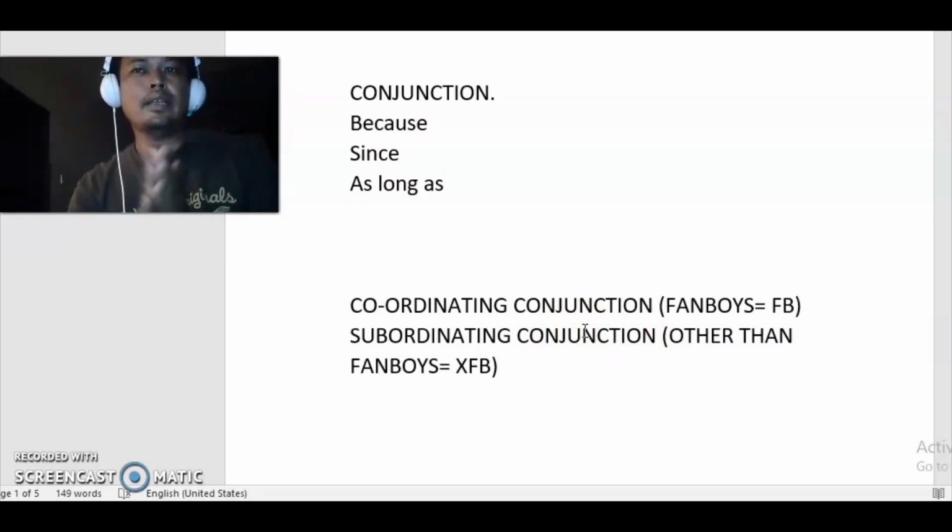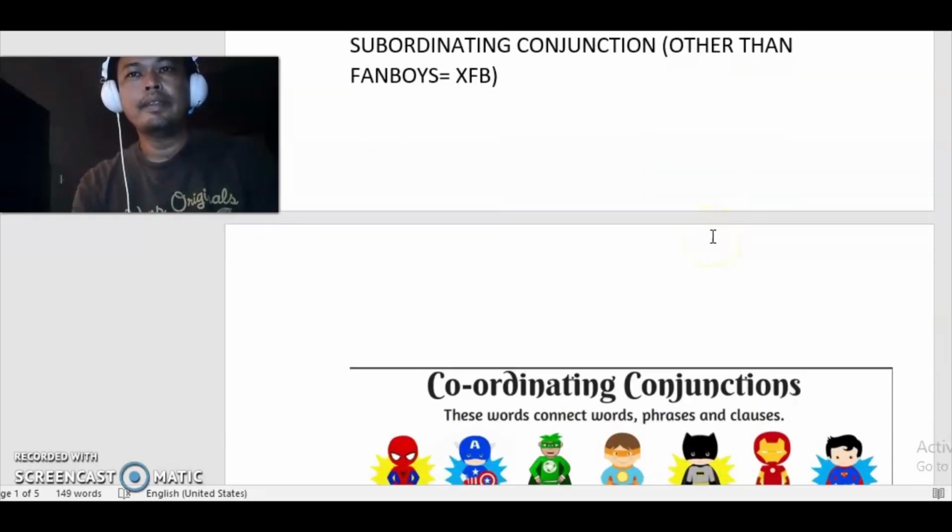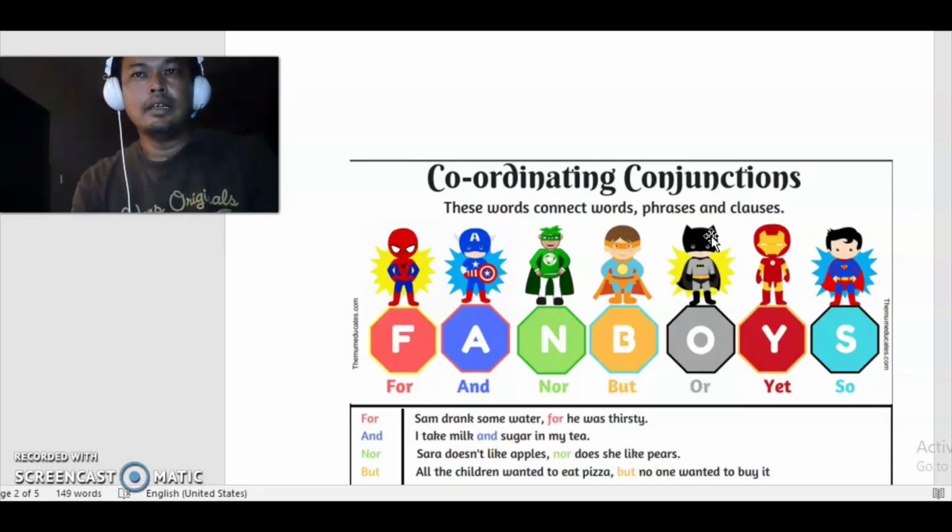Now, coordinating conjunction only consists of what we call FANBOYS. What is FANBOYS? There are several conjunctions that can be called coordinating conjunctions: F stands for for, A stands for and, N for nor, but, or, yet, and so. In short, we call them FANBOYS.